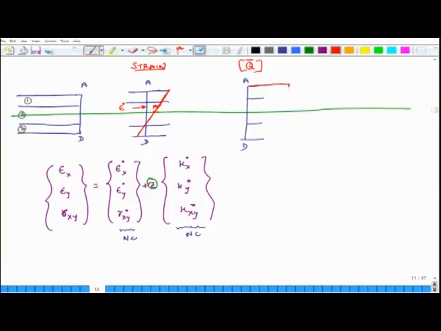For a given layer it is constant because theta is constant and the material is the same, and as you move from one layer to another the Q bar matrix jumps. So, this is how Q bar changes.